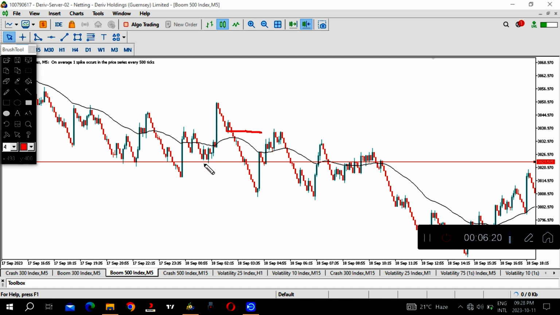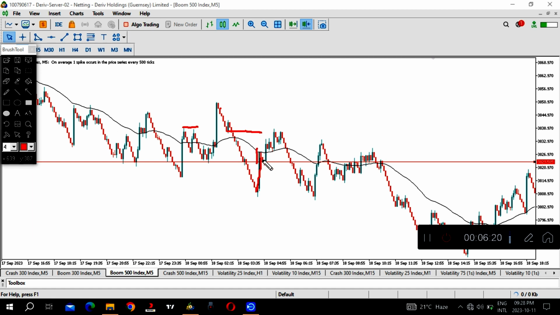Right over here, this is the last low that was created, and the market broke past and created a higher high. When the market breaks this structure, we will be anticipating that the market pulls back and respects this level over here, but as you can see, it broke past that level.